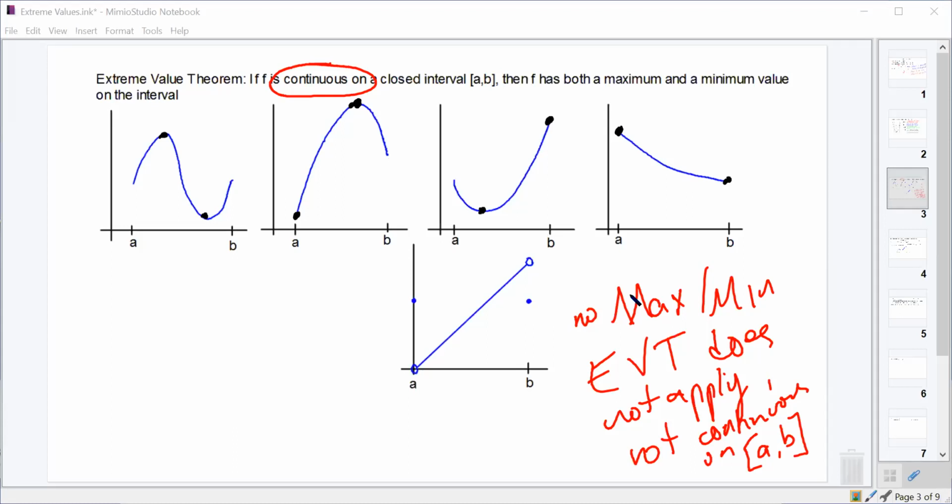Yes, they still would be the absolute max on that closed interval, but the extreme value theorem still wouldn't apply. We wouldn't have been guaranteed that we would have an absolute max and an absolute min just because it still isn't continuous, but yes, they still would be. Okay, got it. Does that make sense? Yeah. Cool. Any other questions on that?